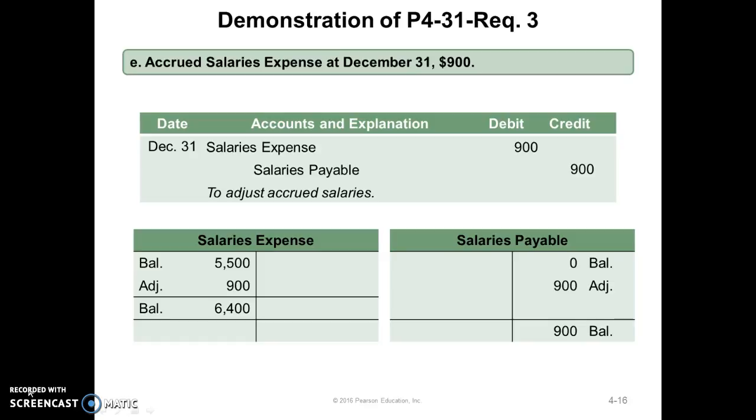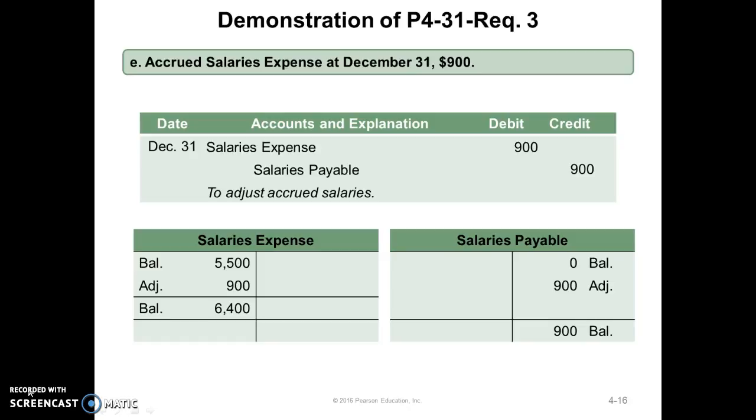Accrued salaries expense is 900, so obviously it was near the end of the year. You and I didn't receive a paycheck. So we have salaries payable because no one got a paycheck of 900. We had a beginning salaries expense of 5,500 already, because we want to be regularly paid.